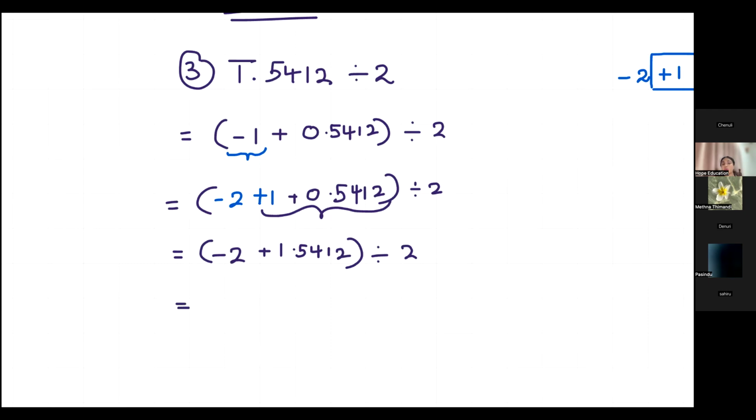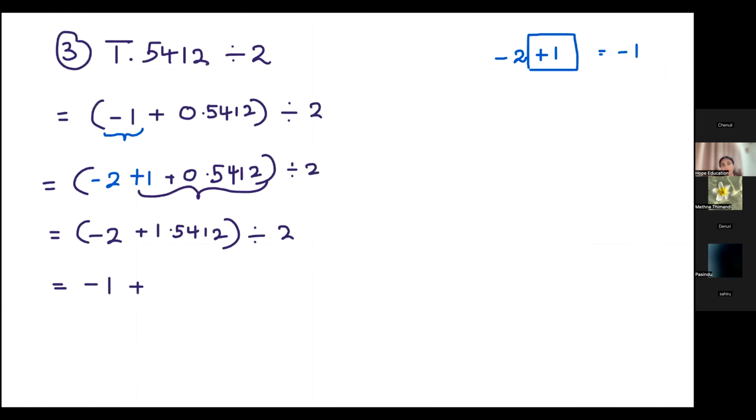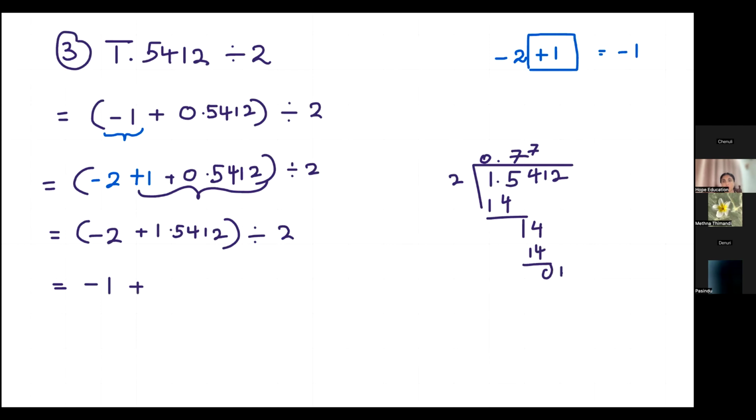Okay, so after dividing minus 2 by 2 we get minus 1, and then we have to divide this 1.5412 by 2. That is a positive characteristic, so we can do whatever we want. Divide 1.5412 by 2. 2 times 7 is 14, 1 remaining; 2 times 7 is 14, 0; then take 1, 0; then take 2, so 12.